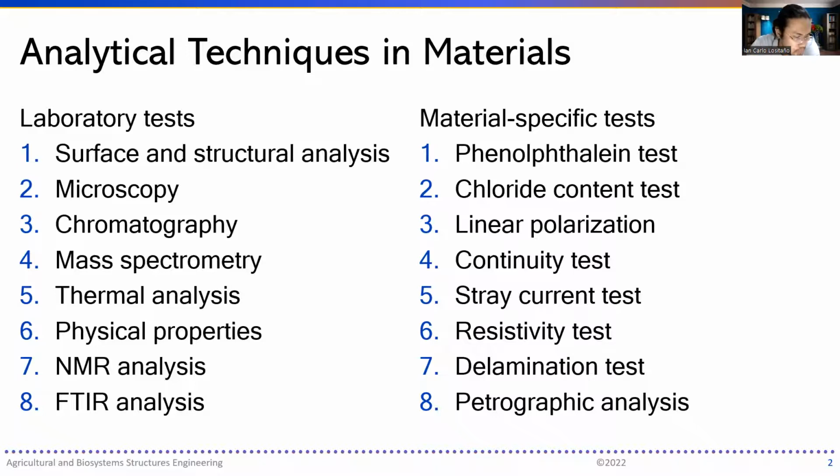And then you have your petrographic analysis. This is a review of the concrete matrix using microscopy, so this is in relation to number 2, microscopy. Petrographic analysis is based on the American Society for Testing and Materials standard ASTM C856, and determines the concrete constituents and the quality and the cause of whatever defects there are in the concrete.